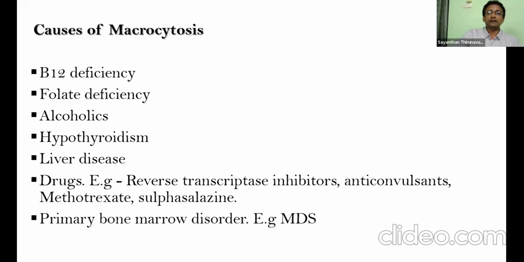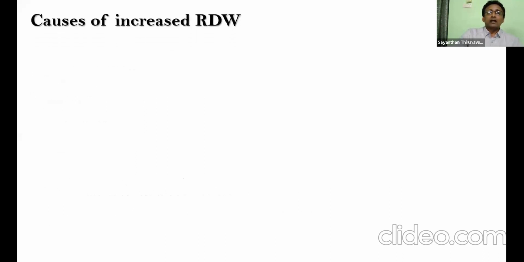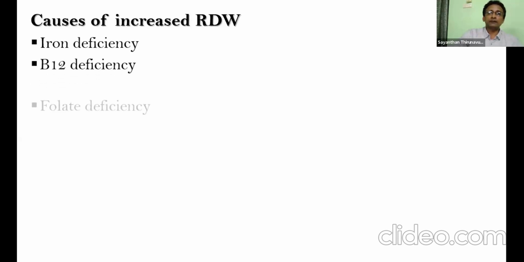These medications can cause it. And primary bone marrow disorder, that is myelodysplastic syndrome, was fairly excluded by the blood picture, that is, the white cell area was mentioned as no abnormal cells. And causes of increased red cell distribution width: iron deficiency can cause it, B12 deficiency can cause it, folate deficiency can cause this.